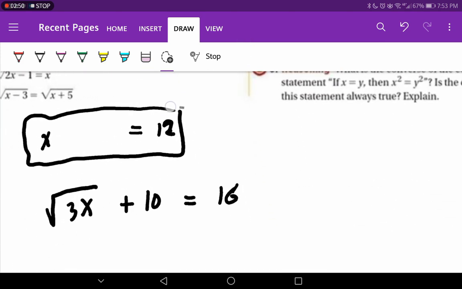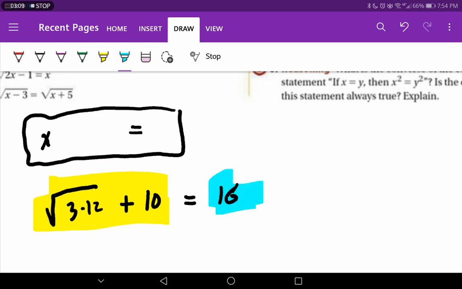If you replace the 12 instead of x here, the left side must equal the right side.